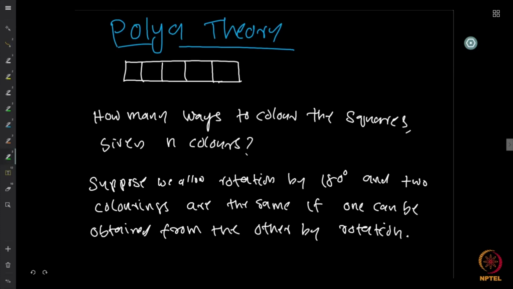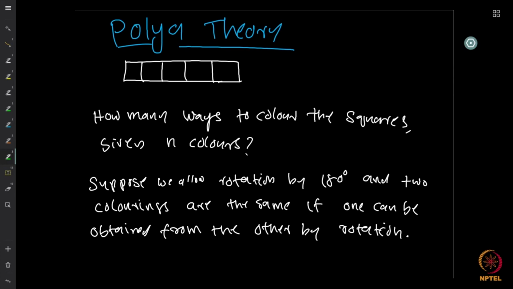Suppose I give you these 5 squares in a row, and I give you n different colors, and I ask you to color these squares using your choice of colors. Right?